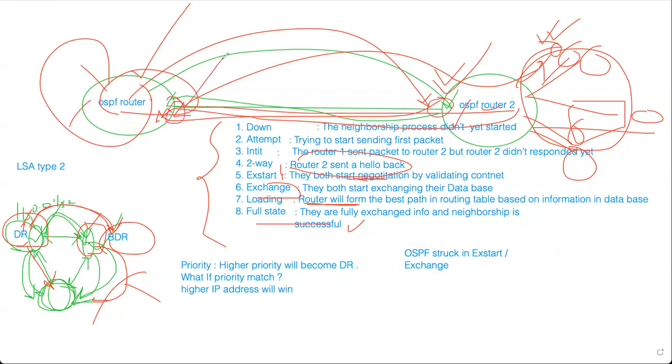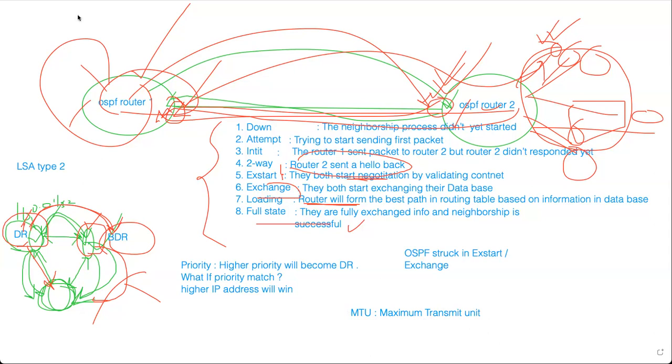If the MTU does not match, what will happen, guys? Tell me, what is MTU? MTU is the maximum transmit unit. Meaning that will tell how much data a packet can carry.